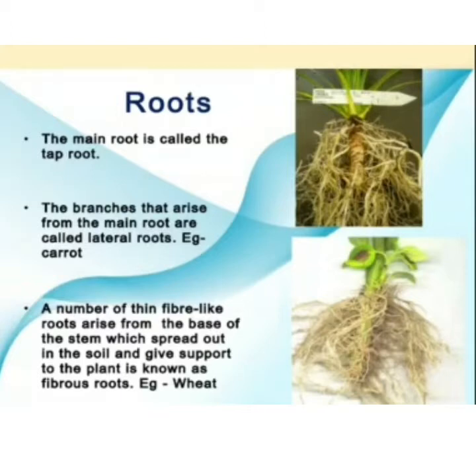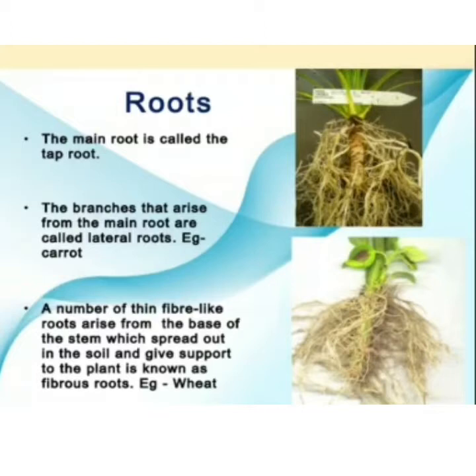The main root is known as our tap root, and the roots which arise from the base of the stem, a number of thin fibers, are known as our fibrous root. We see mostly this type of roots in our crop plants, just like maize, corn, wheat, barley. They are all examples of fibrous roots.